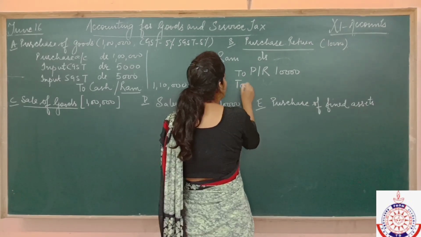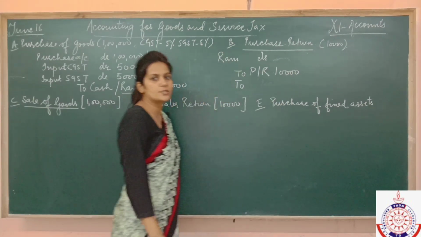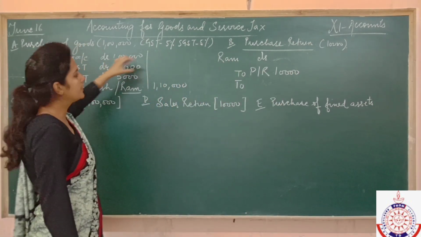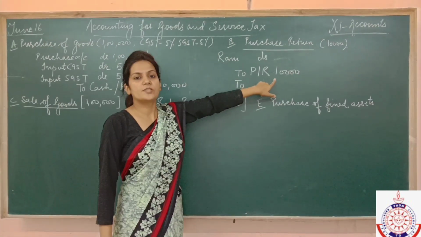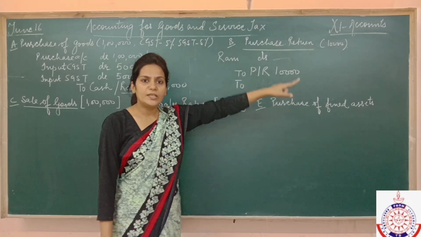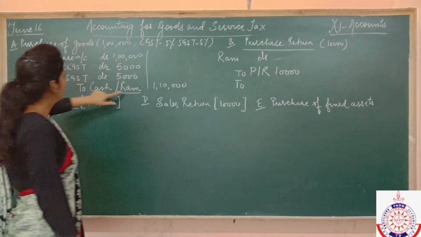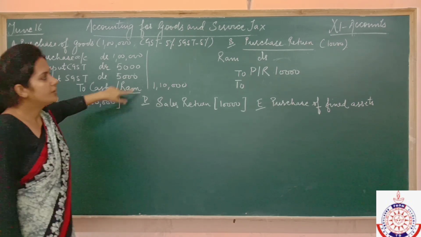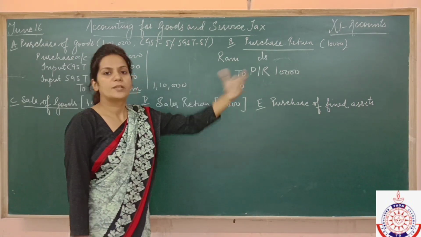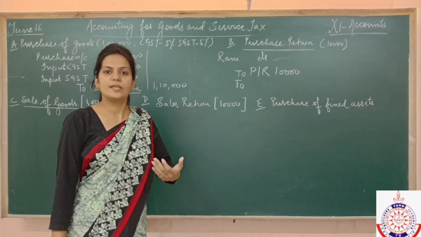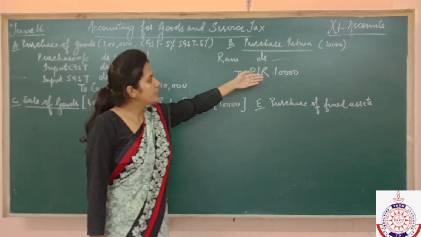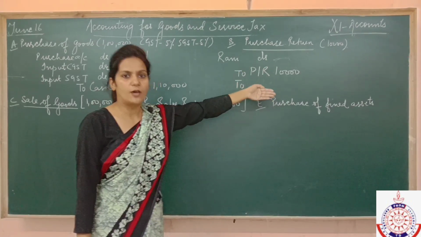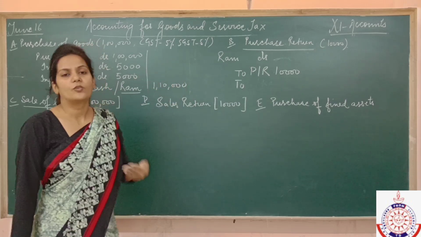If you have returned goods worth rupees 10,000, then GST paid on this 10,000 will not be given to the seller. Rather, we'll tell him to give us the money back, and whatever tax has been charged on this 10,000, he needs to pay that also to us.